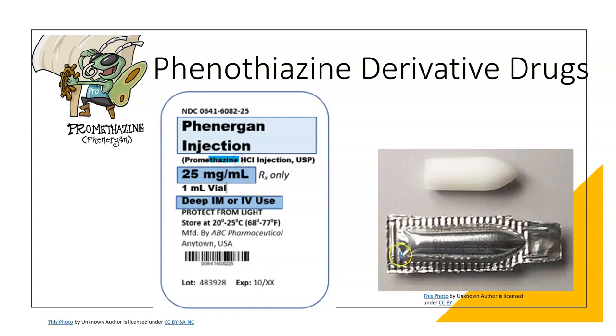And again, it comes in different dose forms. So Phenergan, generally when we think of it orally, we're using it for cough medicine, but here this is an injectable. It can be given IM or IV, and it's also available as a suppository. So if somebody is vomiting and can't swallow anything, we can give it through another route.